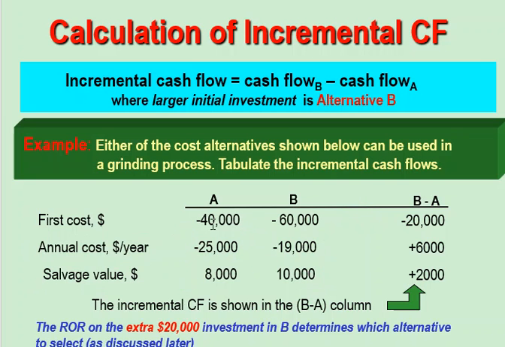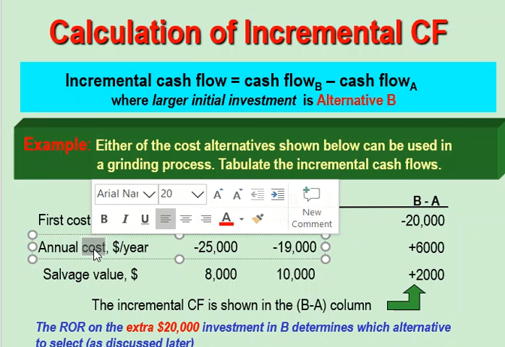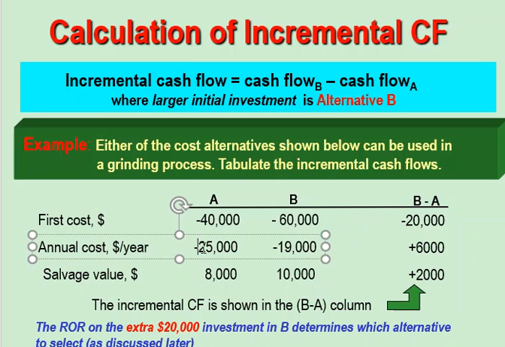Keep in mind that we do care about the sign, okay? Here it is negative because it's a cost. Negative 25,000 because they are telling me it's an annual cost. If they tell me here it's annual revenue, revenue is what? It is positive, okay? You are making money. But they are telling me here annual cost, that means it is negative.